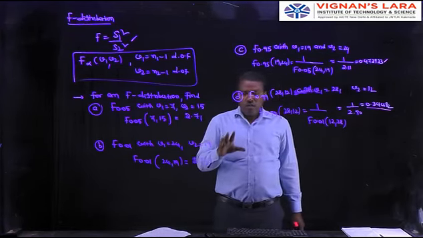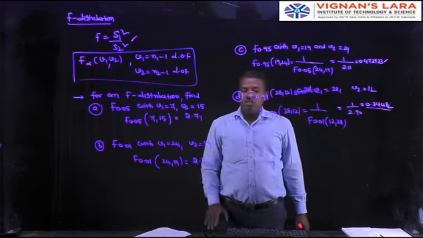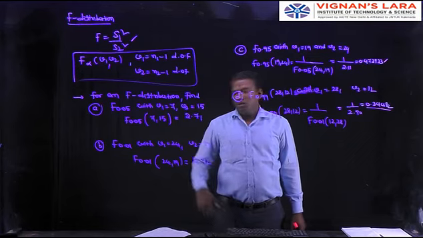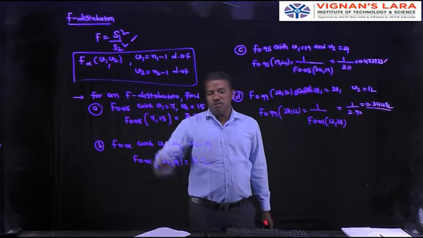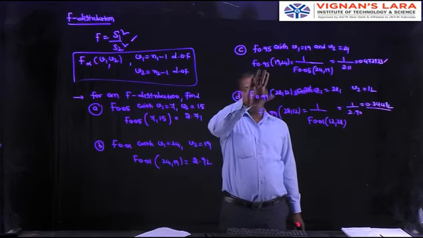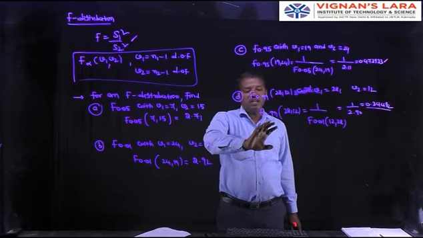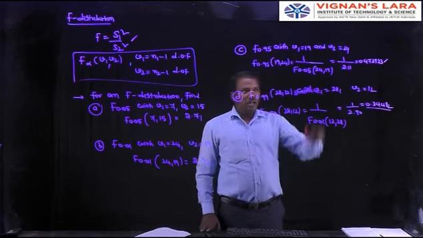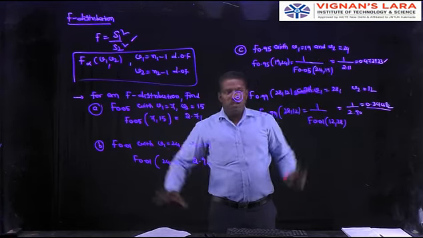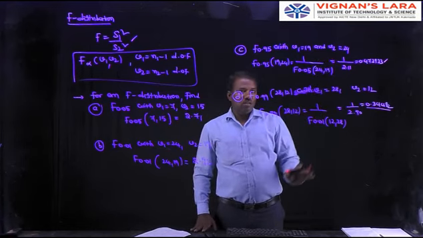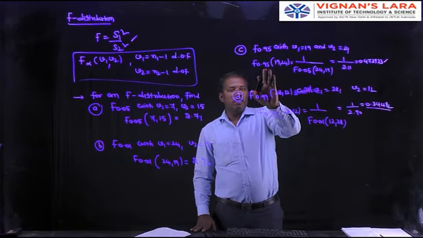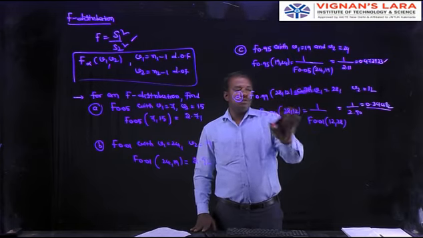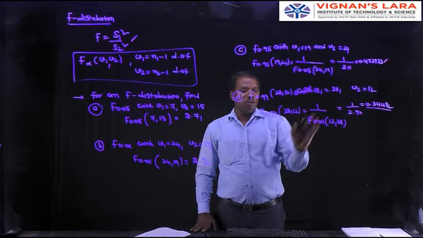Since we have the table for the F distribution only for 0.01 and 0.05, try to convert 0.95 or 0.99 into either 0.05 or 0.01 like this. These two are direct, these two are indirect. So 0.95 is converted into 0.05 and 0.99 into 0.01 using this formula.